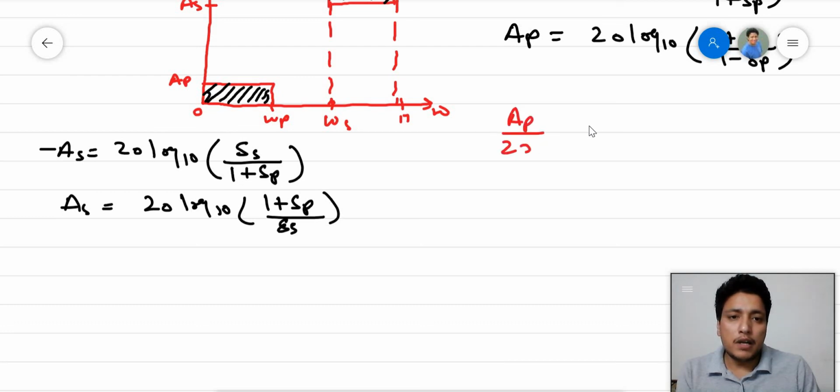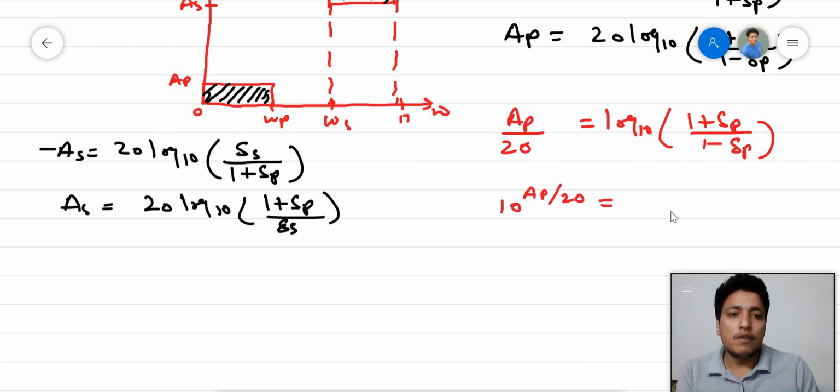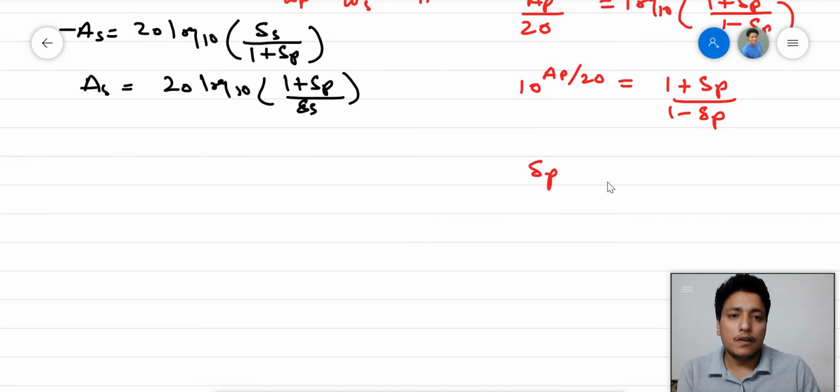So by using this particular relation, we can find out AP by 20 will be equal to log base 10 of 1 plus delta P over 1 minus delta P. So 10 to the power AP by 20 will be equal to 1 plus delta P over 1 minus delta P. So delta P can be written as 10 to the power AP by 20 minus 1 over 10 to the power AP by 20 plus 1.